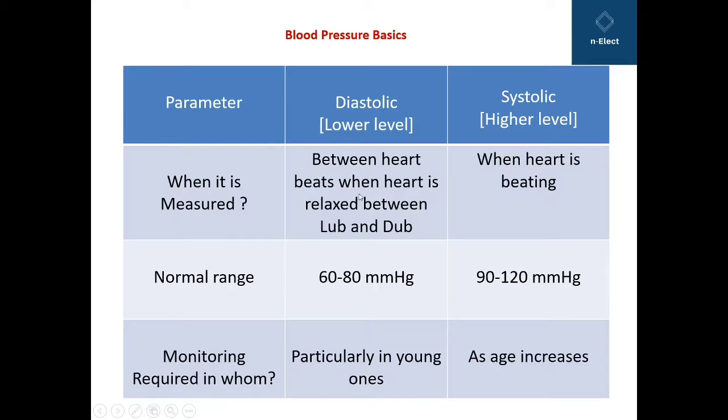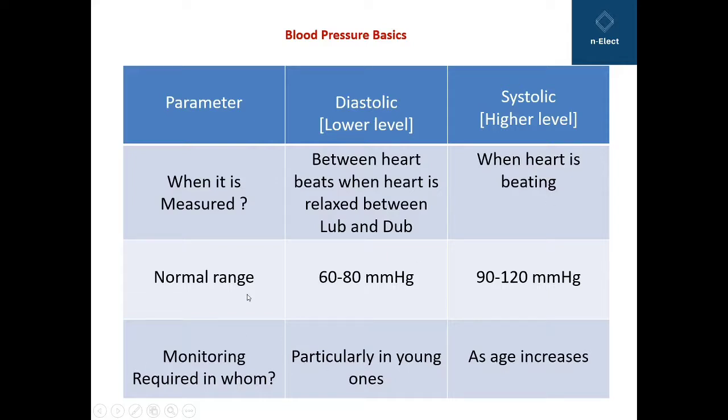When the heart beats, it produces a sound like lub and dub, which can be heard through the stethoscope. When the heart is relaxed between lub and dub, the diastolic pressure level is measured, while the systolic, that is the higher pressure level, is measured when the heart is actually beating.